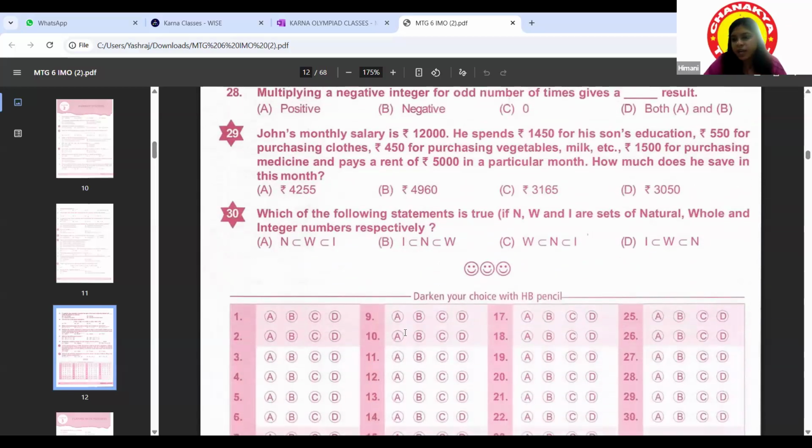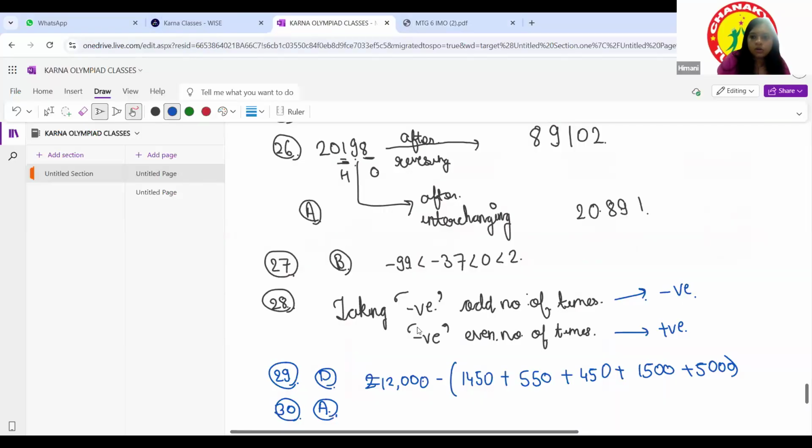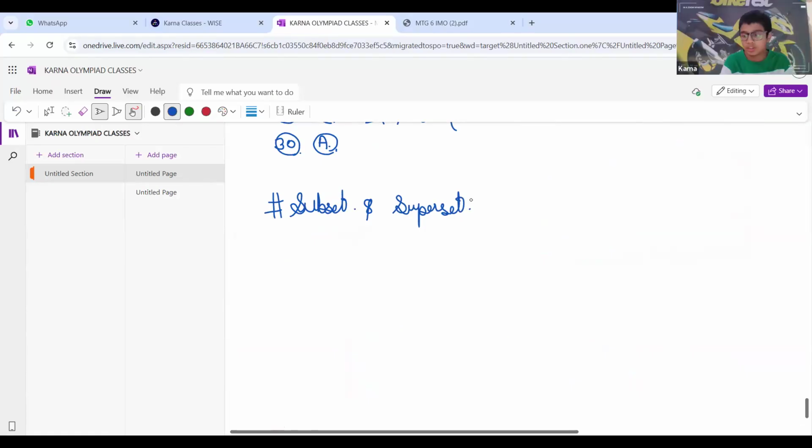You know the subset and superset? Ma'am, no. Okay. So let's write this in your book. First, I have to teach this. Subset means like subset and superset. If something is a part of something, like what are natural numbers? 1, 2, 3 and so on.